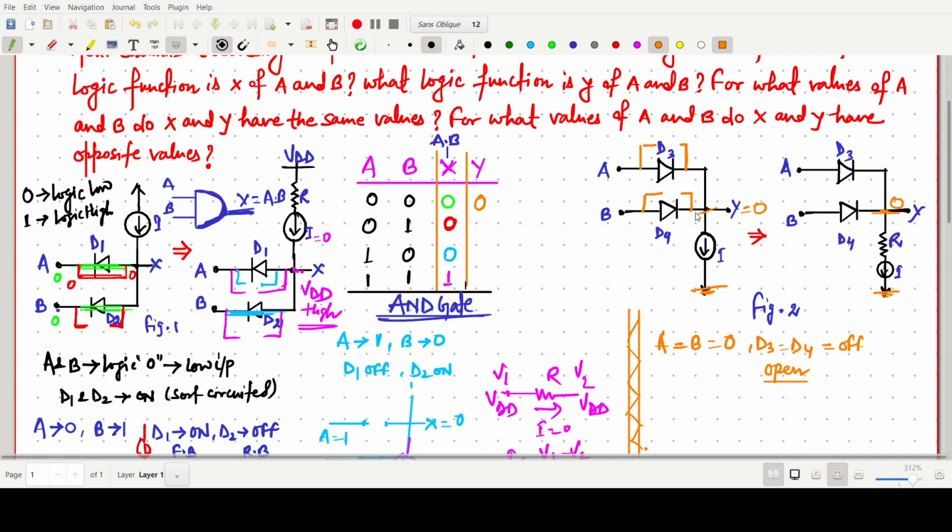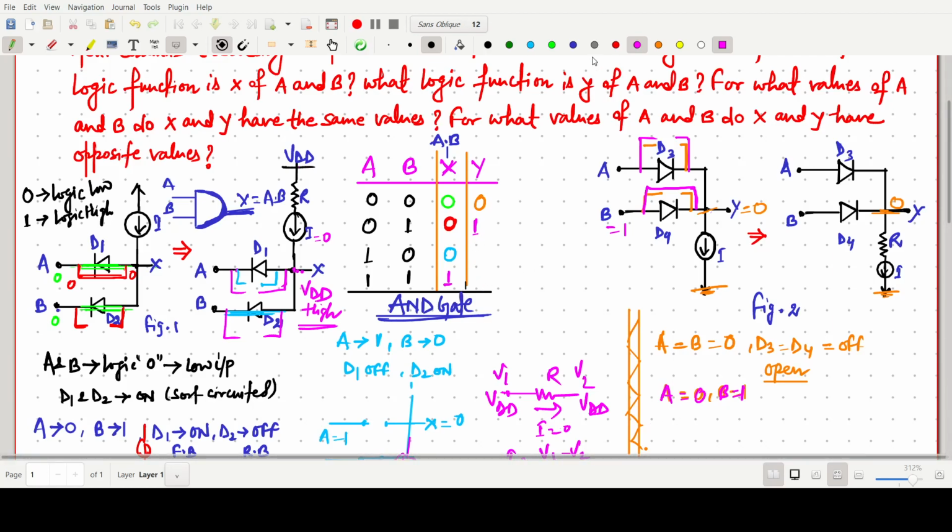Okay, very simple. Now A is 0, B is 1. I am selecting a different color. A equals 0, B is 1. So A is 0, again it is open circuited. B is 1 means this one will be short circuited, so directly this one will come here, so this should be 1.